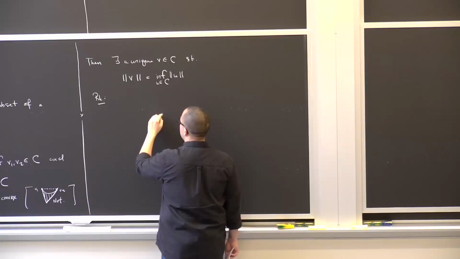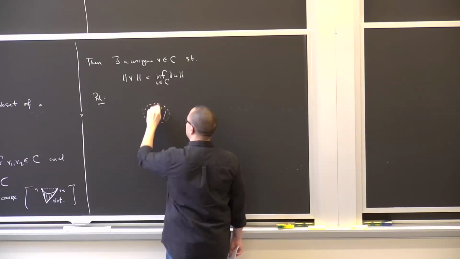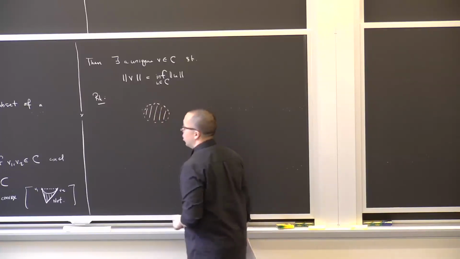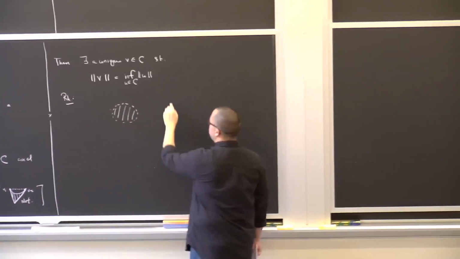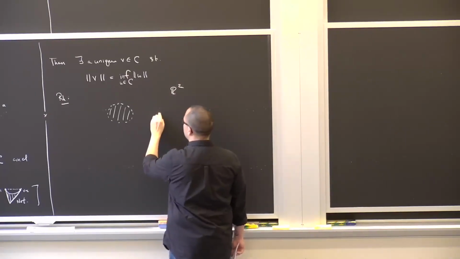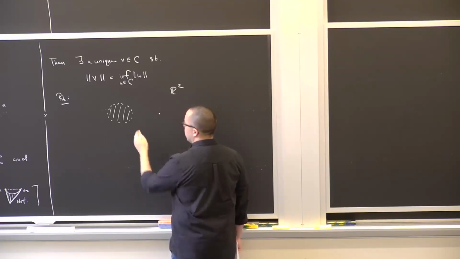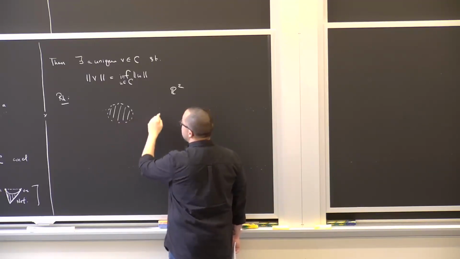For example, let's say you have an open ball in R2 now, and you take just any point outside the ball, okay? Then the minimum, let's see.